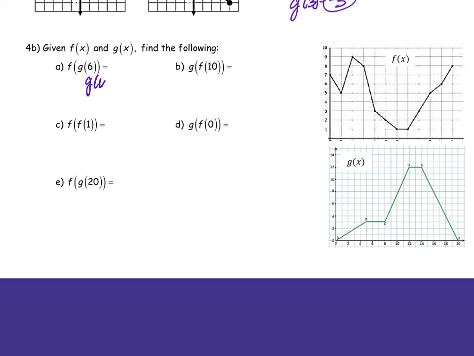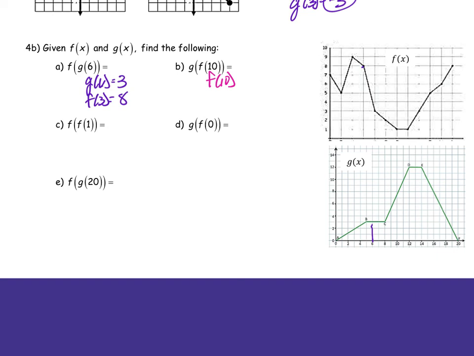Okay. So I've got g of 6. If I go to g and go to 6 and go up, it's at 3. And then f of 3, I go over to 3, and I go up, and it's here at 8. Okay? And then f of 10, and I messed this up because I went to the wrong graph.